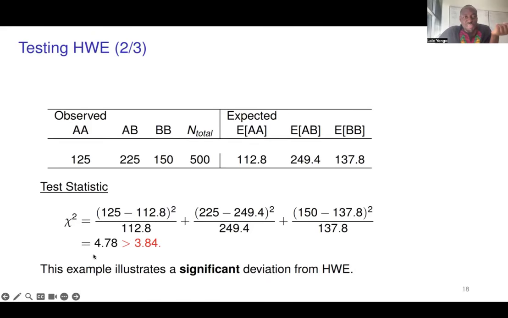Here we get a test statistic of 4.78, which we compare with the quantile of the chi-square distribution with 1 degree of freedom corresponding to a 5% significance threshold, that is 3.84. The test statistic is larger than that threshold, which suggests a significant deviation from Hardy-Weinberg equilibrium.